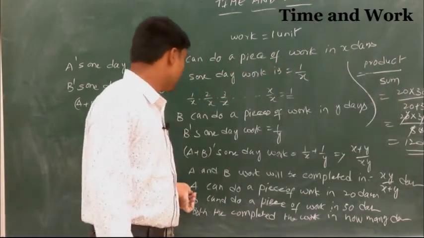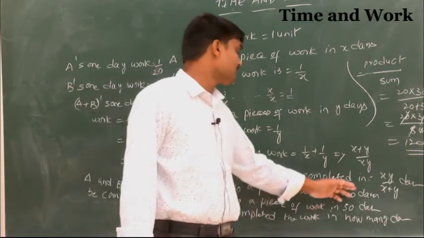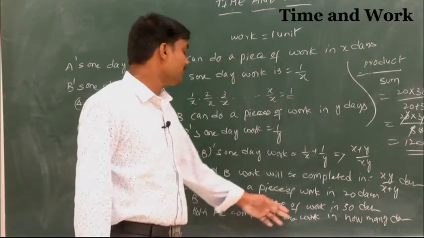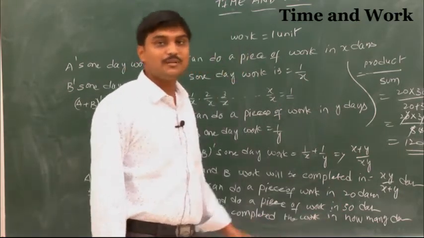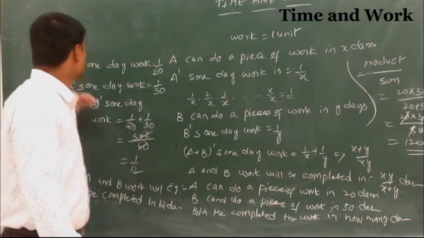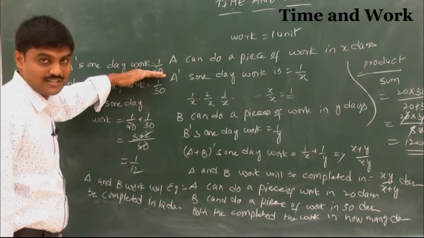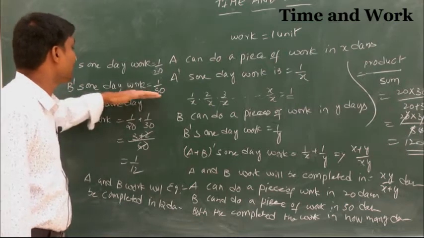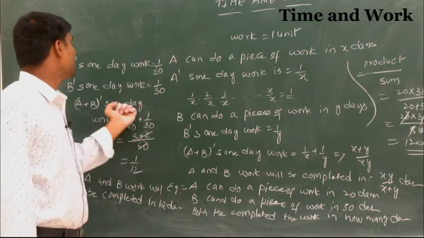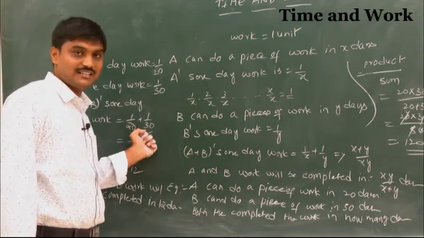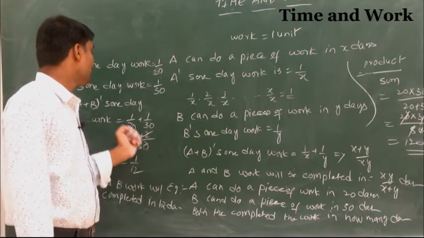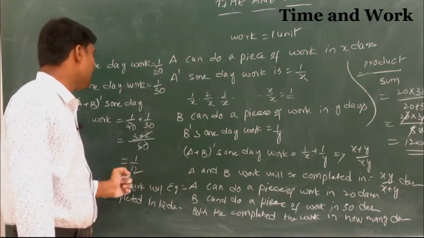So here example is A can do a piece of work in 20 days, B can do a piece of work in 30 days. Both complete the work in how many days? So A's one day work is 1 by 20. B's one day work is 1 by 30. A plus B's one day work is 1 by 20 plus 1 by 30. LCM is 60. 3s are 3, 2s are 2, so 1 by 12.